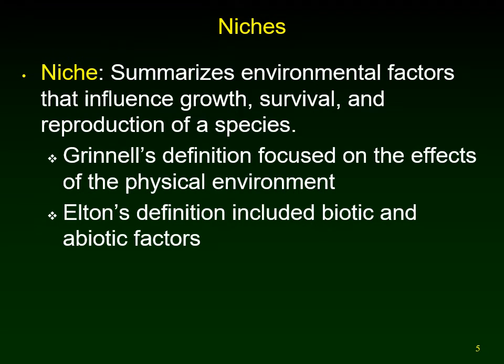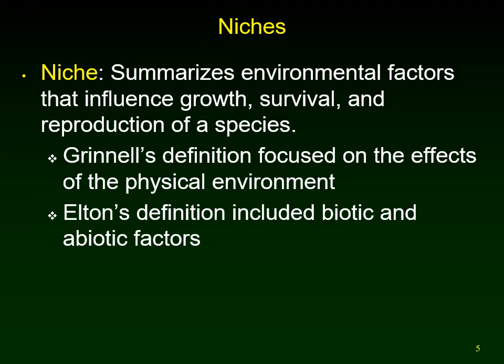However, Charles Elton, who independently came up with this idea, used the idea in a slightly different way. He was looking at the idea that the biological interactions were just as influential as the abiotic factors. So the idea is that other species can be limiting where you're found as well.